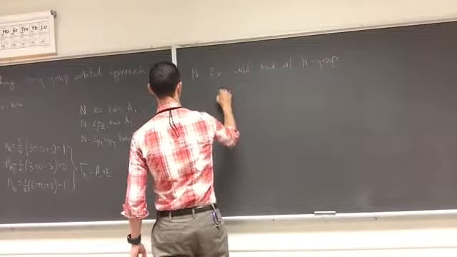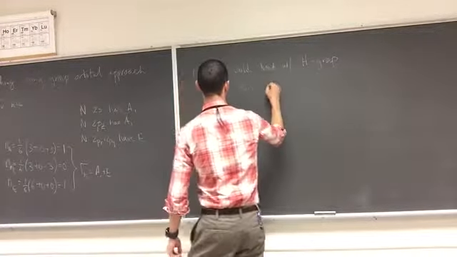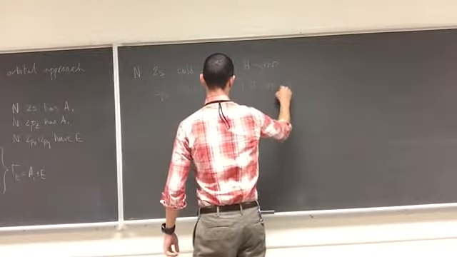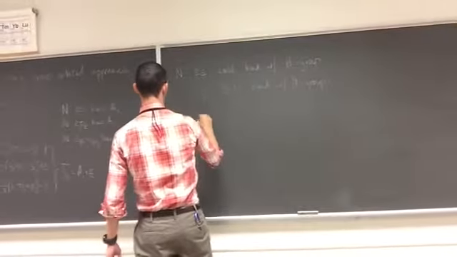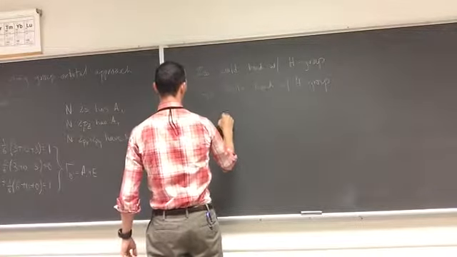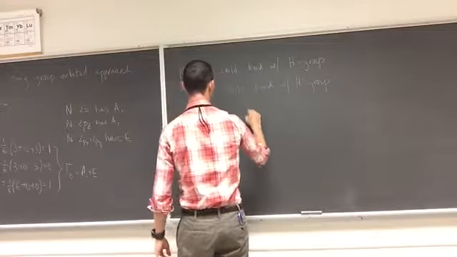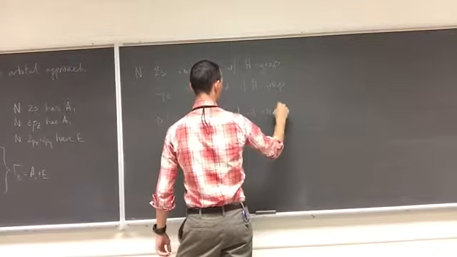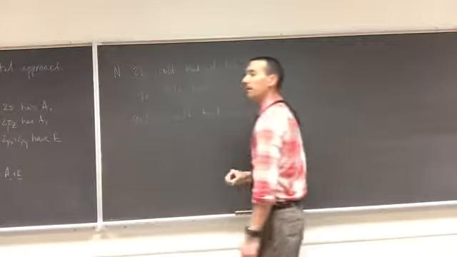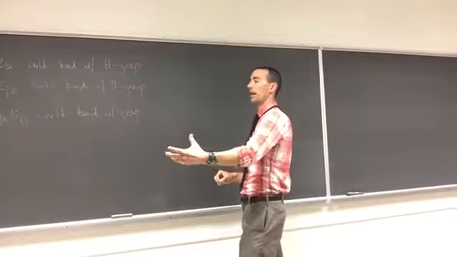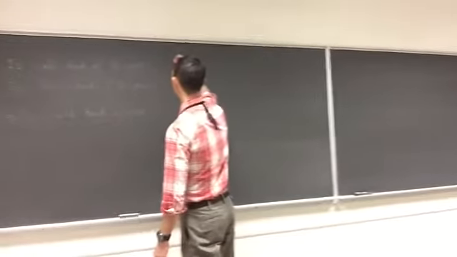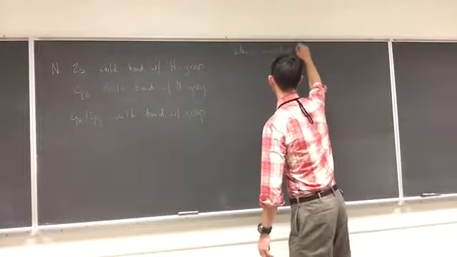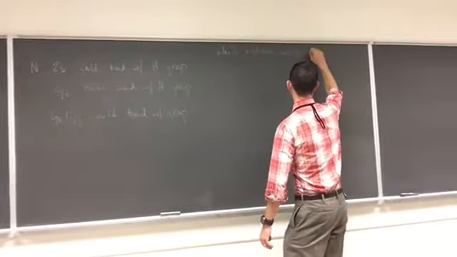The nitrogen 2pz, again, could bond with the H group. And the 2px and 2py also can bond with the group. So all of the nitrogen orbitals have symmetry matches. The next question is, which matches are best energetically?